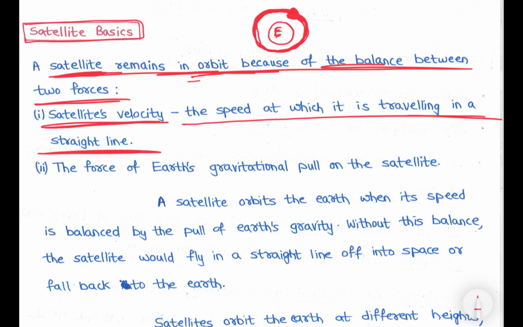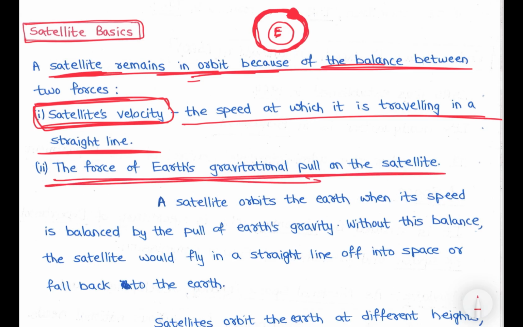ऐसा नहीं है कि मान ले सैटेलाइट है वो बंद कर दिया. If it is not traveling at a certain speed, वो या तो Earth में गिर जाएगा या स्पेस में चला जाएगा. So there has to be the satellite's velocity, then there has to be the force of Earth's gravitational pull on the satellites. ये दोनों चाहिए तभी satellite orbit में घूमेगी.